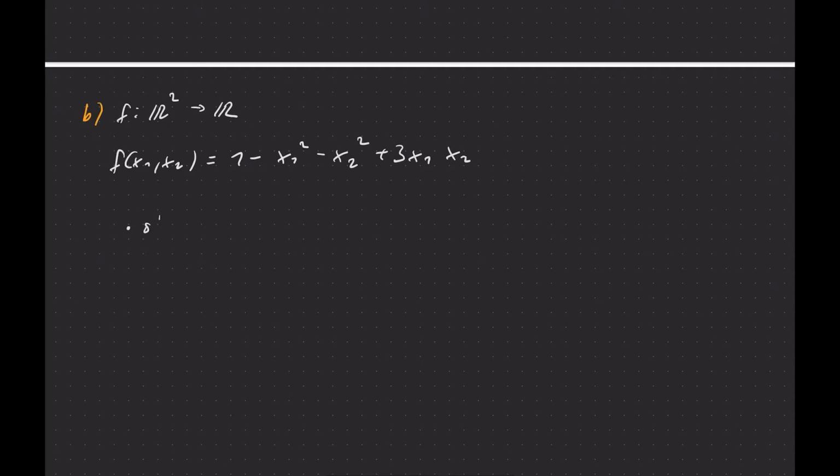Again, we start with stationary points. So we need to compute the gradient. Differentiating with respect to x1 yields -2x1 + 3x2. And differentiation with respect to x2 yields -2x2 + 3x1.